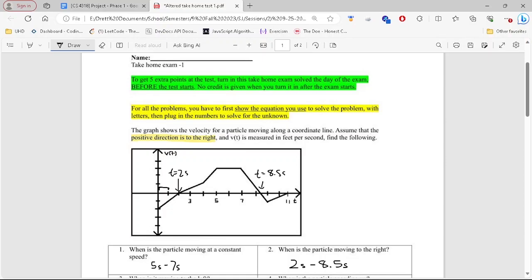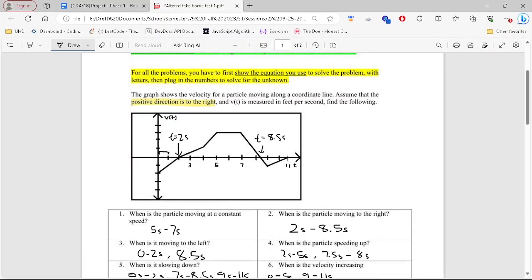Let's see if we can calculate how far it moves within this time period. For these graphs, the area under the curve, or in this case, the area under the lines, is going to be equal to the distance that is traveled.